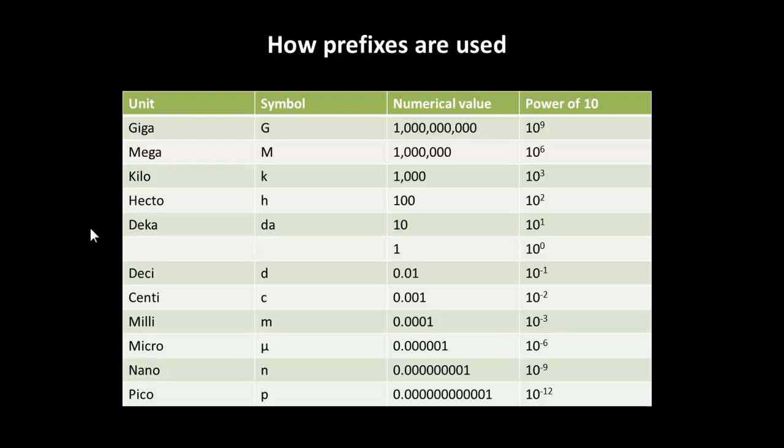For example, the standard unit is 1, and so a tenth of that will be a deci, whatever it is, a hundredth of it will be a centi part of it, a thousandth will be a milli part, and you will come across micro, nano and pico units, more and more common these days, particularly in chemistry. If you're talking about bond lengths, you're talking in terms of nanometers.